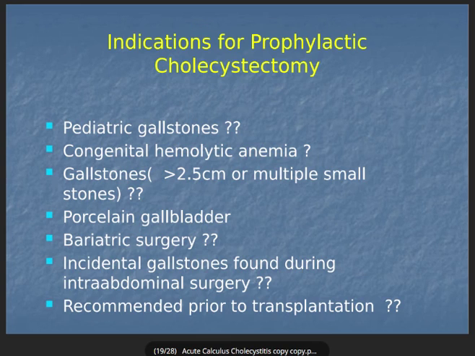It means that the patient had stones and never ever complained of anything related to the stones. This is prophylactic. If they have a complaint related to the stones, then of course it's not prophylactic anymore. It's treatment, and you are justified to take the gallbladder out at that time.